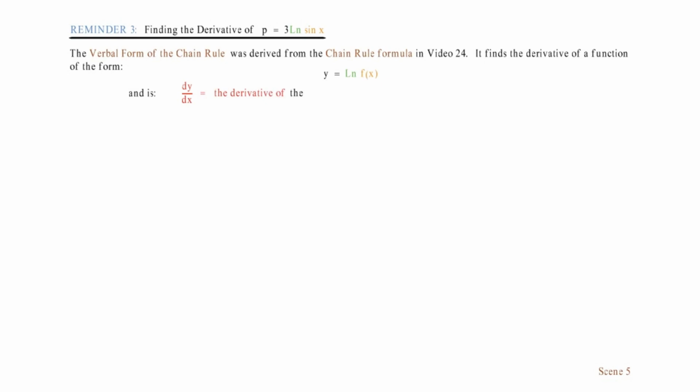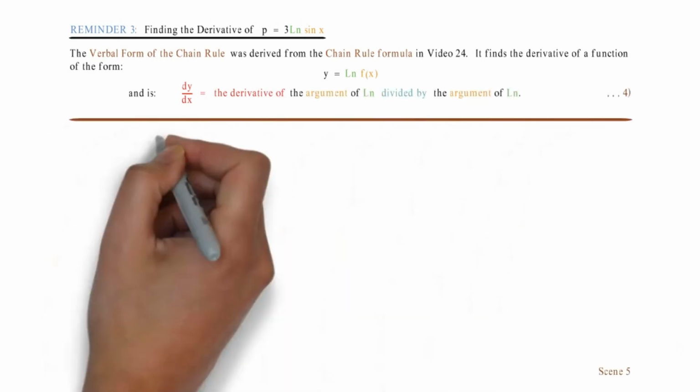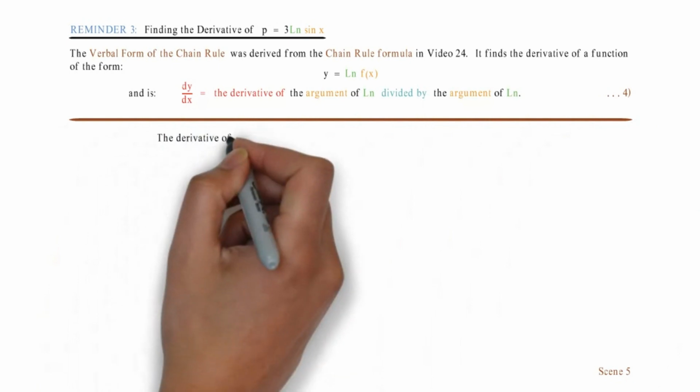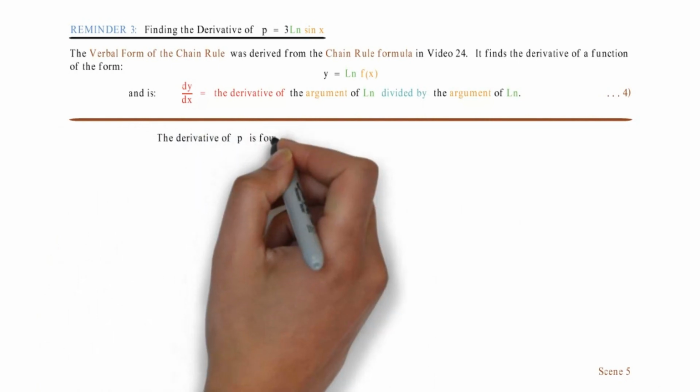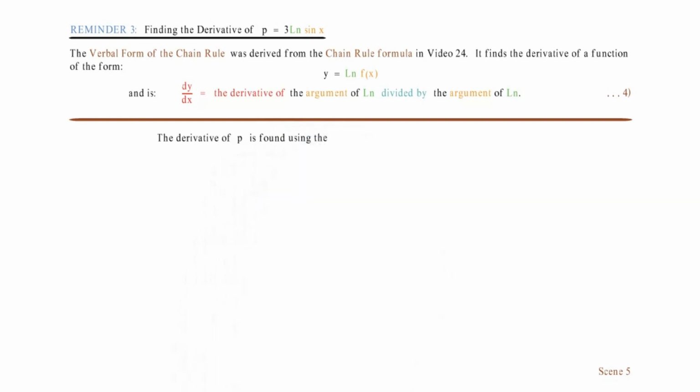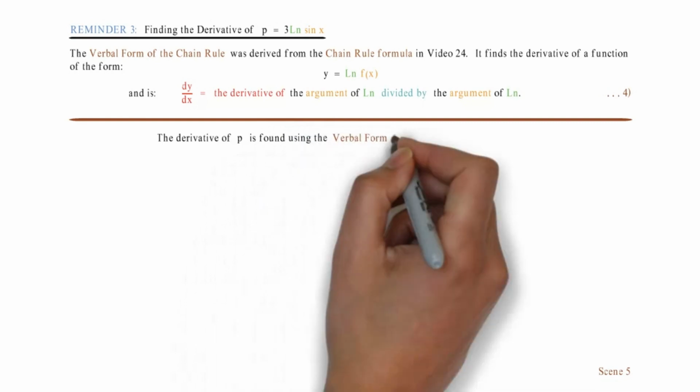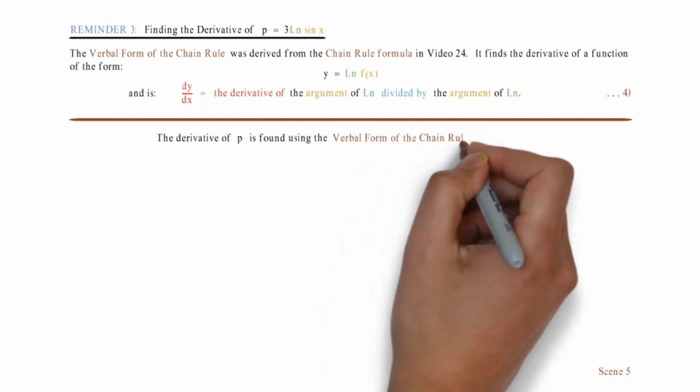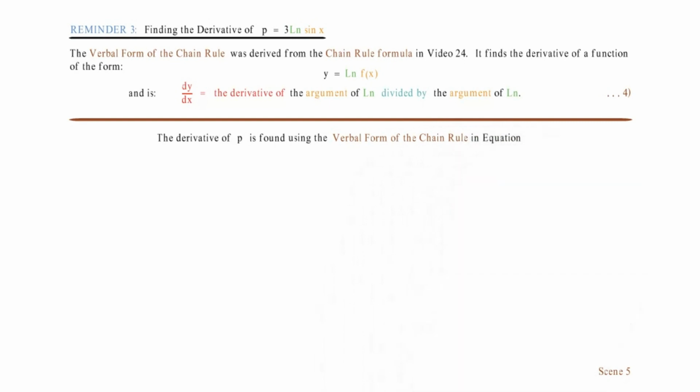Reminder 3. The derivative of p is found using the verbal form of the chain rule in equation 4.